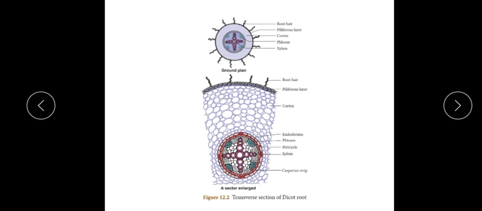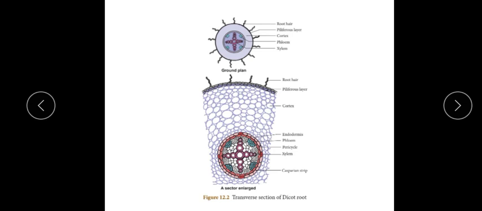Okay, the second layer is the cortex layer. What is this cortex layer? Again, what you learned in your 9th standard is going to help you here. This cortex is a multi-layered zone, multi meaning many, comprising parenchyma cells. Now what is the role of parenchyma? Parenchyma stores food and water.